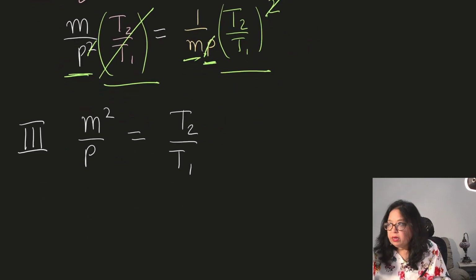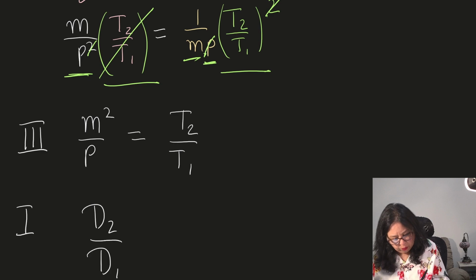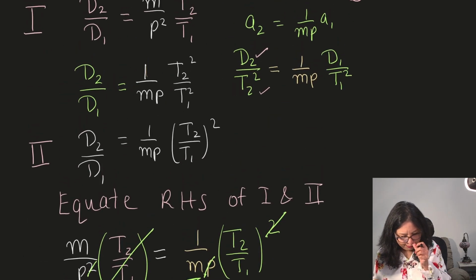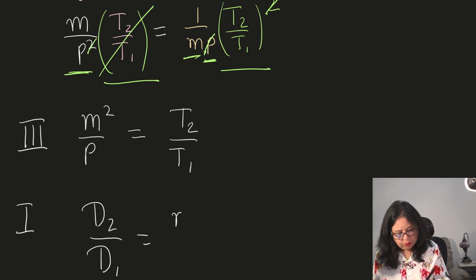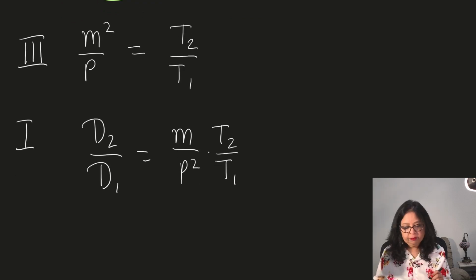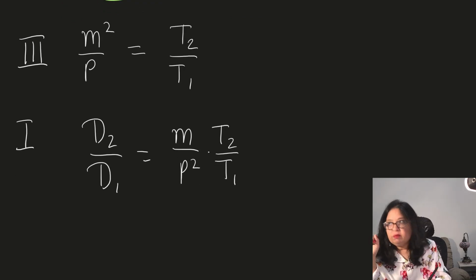Let me rewrite equation 1. Equation 1 was D2 over D1 was equal to M over P squared times T2 over T1. All right. Now T2 over T1, I have just determined it to be M squared over P in number 3.